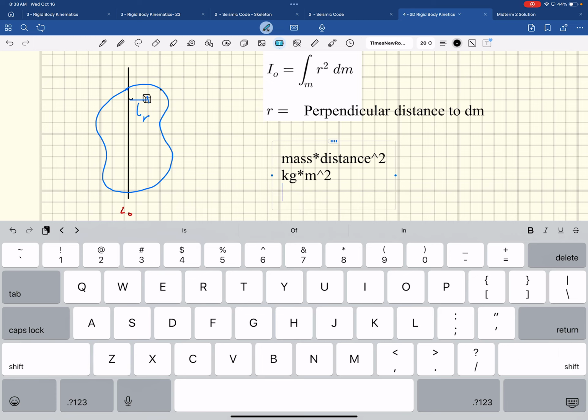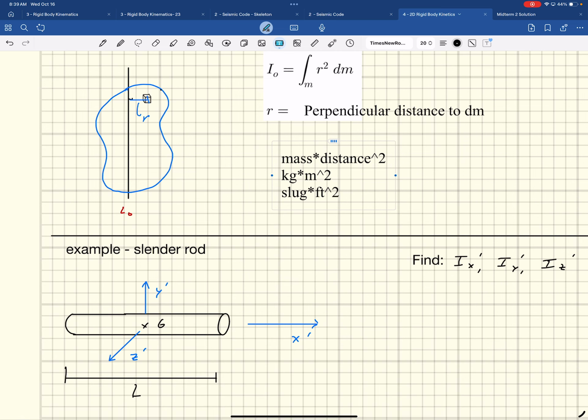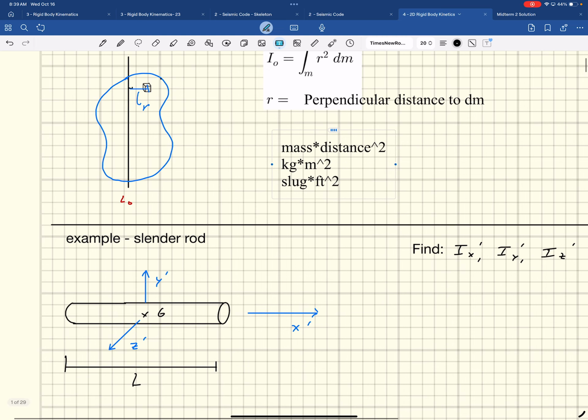Beautiful. Slug. God, I hate slugs. A slug or a slinch. We talk about slinches. A slinch is when you're talking about masses in terms of inches per second squared. It's called a slinch. A slinch times inch squared. Anyways, there's a distance times that.